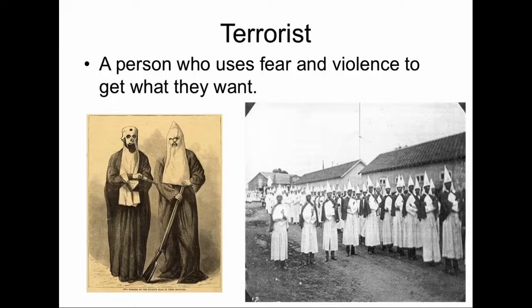With the absence of the military, one of the things that we see in the South is a whole bunch of terrorist organizations that begin to emerge. These groups are formed mostly with the intent of using fear and violence to get what they want. And at the top of the list of what these terrorist groups want is a desire to keep the black population from becoming a viable population, to keep the black population from earning power through representation in the vote and all kinds of things like that.